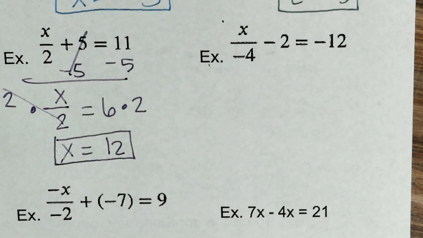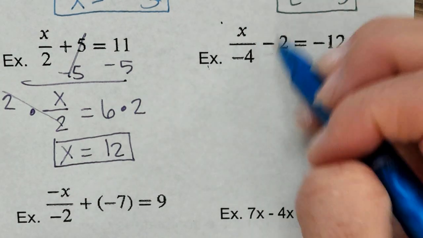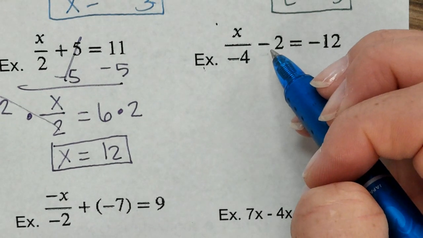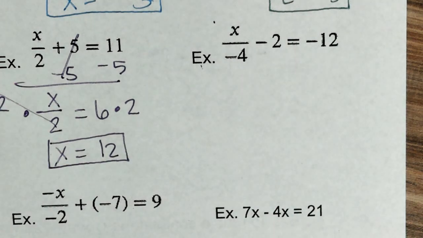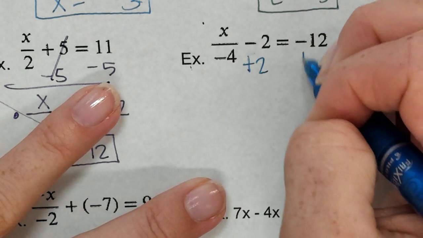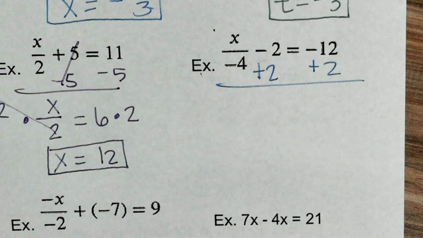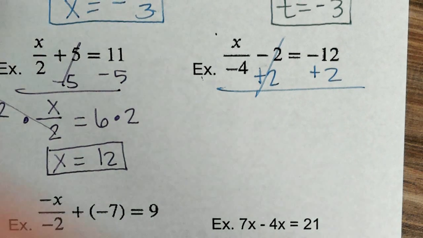Okay, let's try this one. Are there any like terms to combine? How about the right side? No. I'm going to get rid of the constant. How do I get rid of a minus 2? How would I zero it out? Plus 2. Whatever I do to the left, I have to do to the right. Ask yourself, does negative 2 plus 2 zero out? Yes. If it doesn't, then stop and fix it.